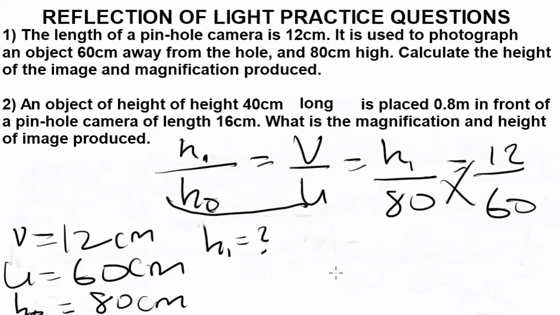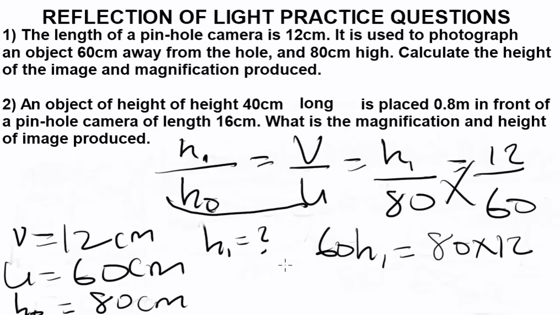Cross multiplying, we have 60 HI equals 80 times 12. 80 times 12 gives us 960.